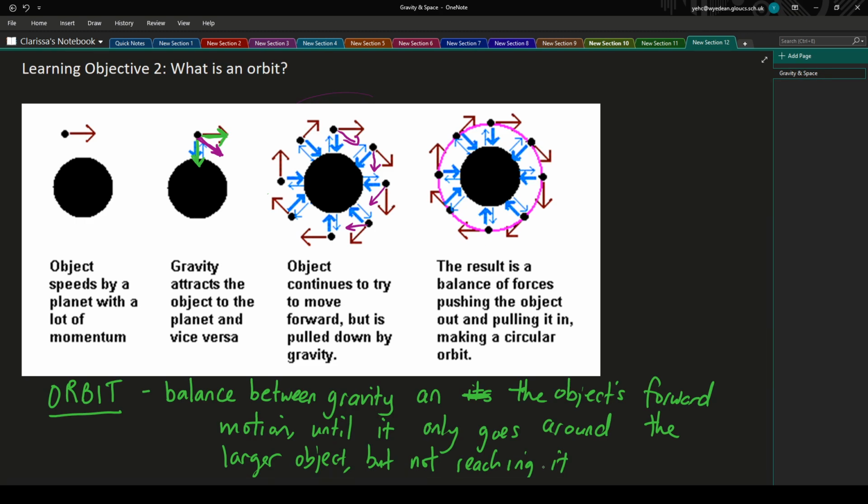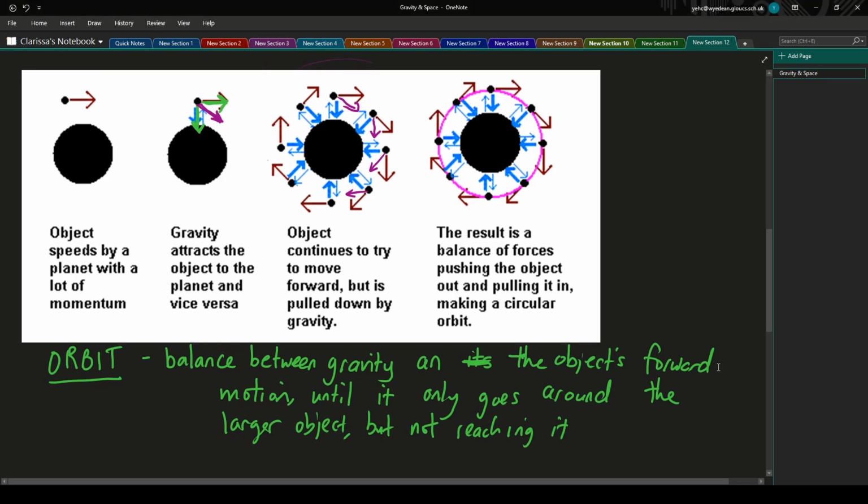When we talk about how the moon is orbiting the Earth, the moon is falling towards Earth but never making it to the ground because of its motion. And in the same case, whenever we release a new satellite into outer space and have it orbit the Earth, we don't just shoot it straight up.